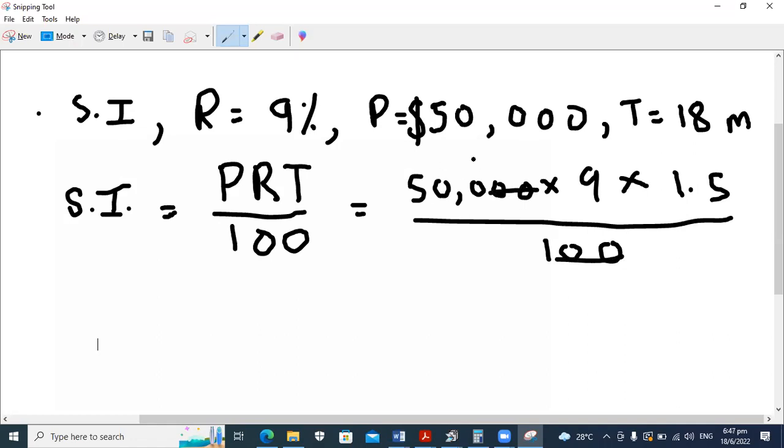So multiply 500 times 9 times 1.5, and that will give you the answer: $6,750.